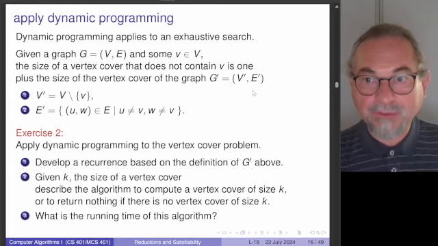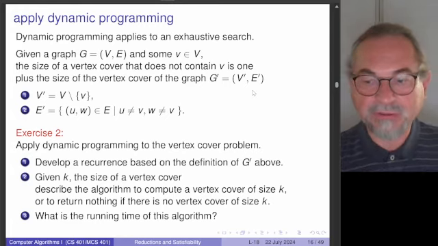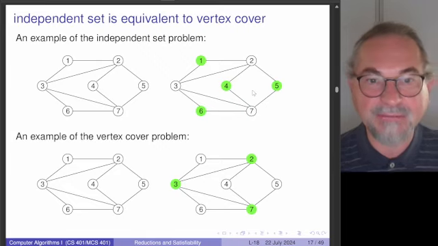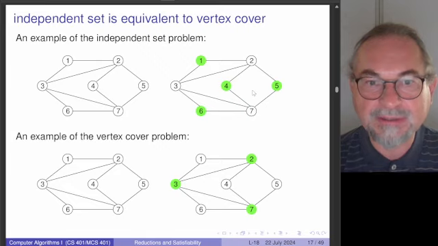Okay, 2 different problems, the independent set and the vertex cover. Now, if you can solve one problem, you can also solve the other. Here I picked the same example, and you see the solution to the independent set.